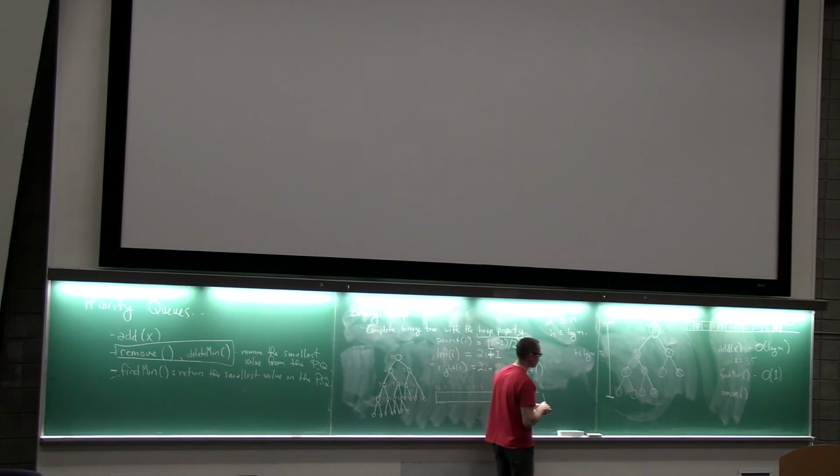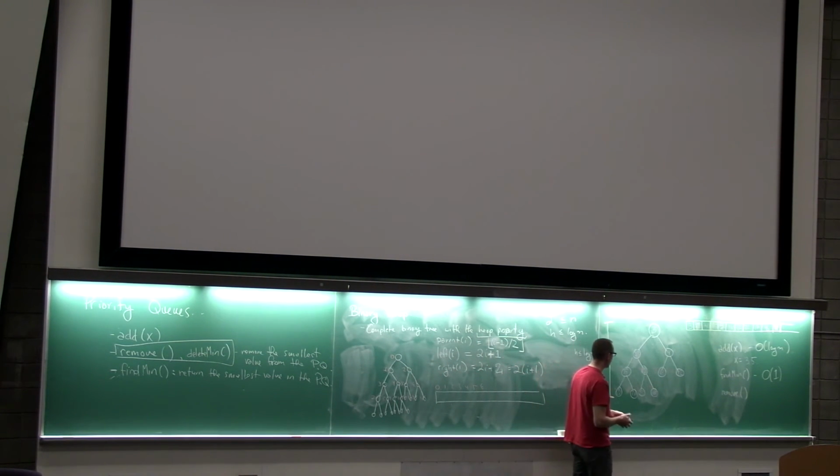I mean, what if I bubble down the root and it ends up down here? This is a bad picture, but that's still not a node that I'm allowed to delete. It's not a leaf. Could you swap it with the last value, remove it and then bubble down?